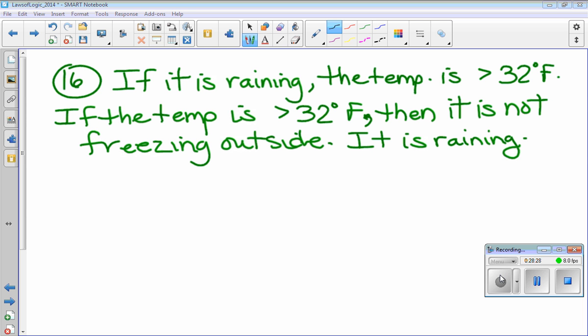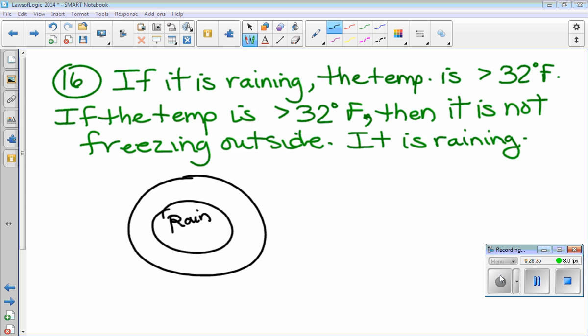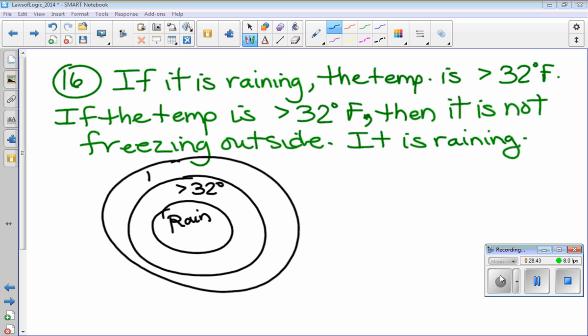So let's draw here. If it is raining, then the temperature is greater than 32 degrees Fahrenheit. If the temperature is greater than 32 degrees Fahrenheit, then it is not freezing outside. Which law is that so far? That's the syllogism part. The last sentence begins the law of detachment, and it says it is raining.